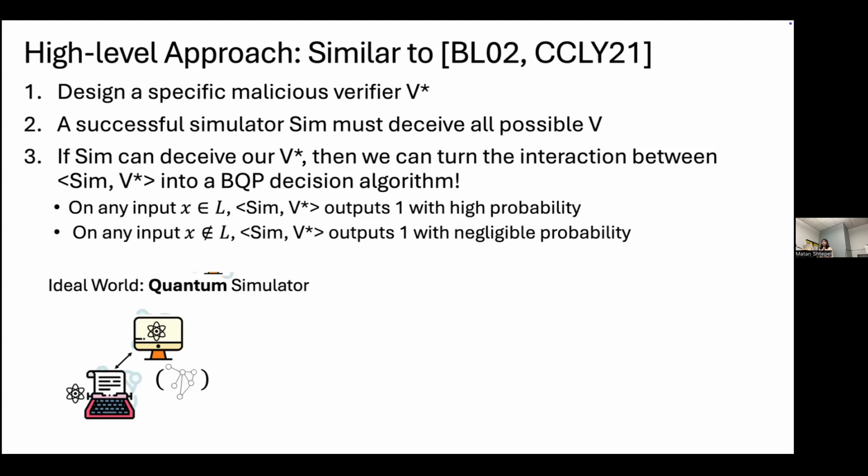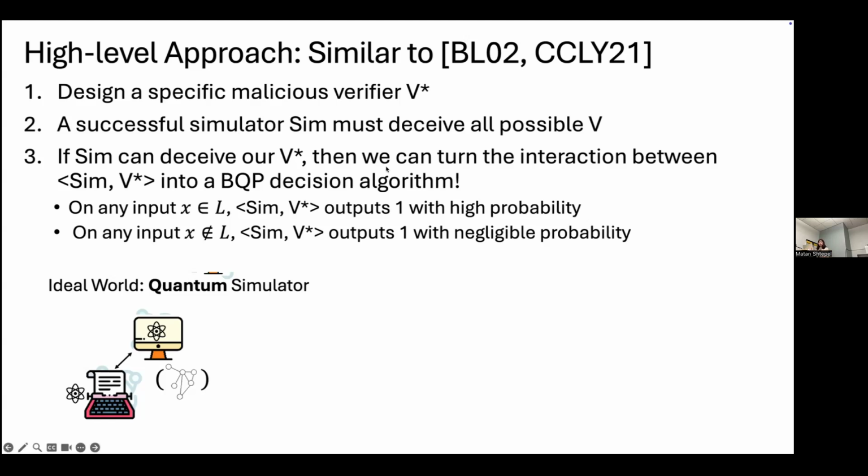Basically, we want to show that the simulator essentially acts as an honest prover because rewinding doesn't help it. More specifically, the first step is that we design a specific malicious verifier V-star. By definition, a successful simulator must deceive all possible malicious V, so it must be able to deceive our specifically designed V-star as well.